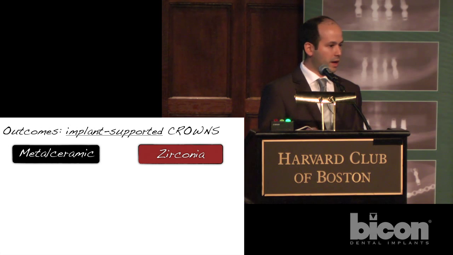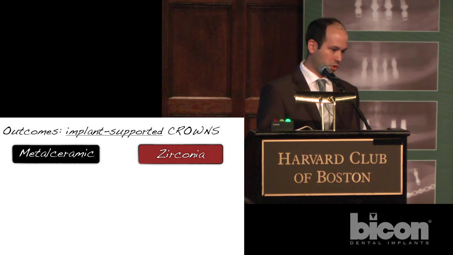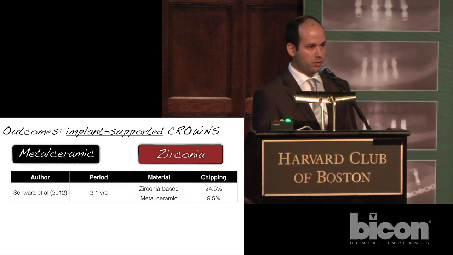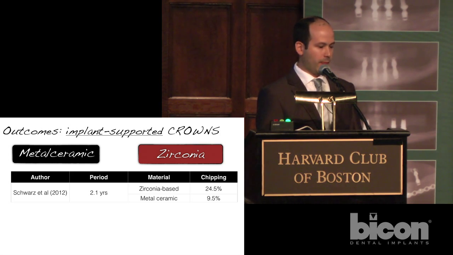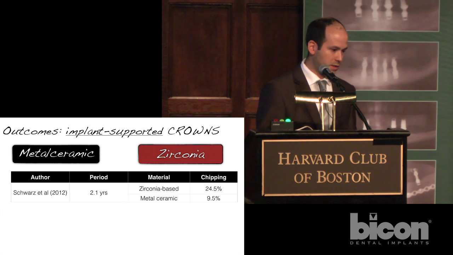And here are the outcomes for implant-supported crowns, and this is pretty much all that is out there in terms of clinical studies. So we see a study from 2012, a follow-up period of 2 years. Here's the outcomes in terms of porcelain chipping. 24.5% for zirconia, 9.5% for metal ceramics.